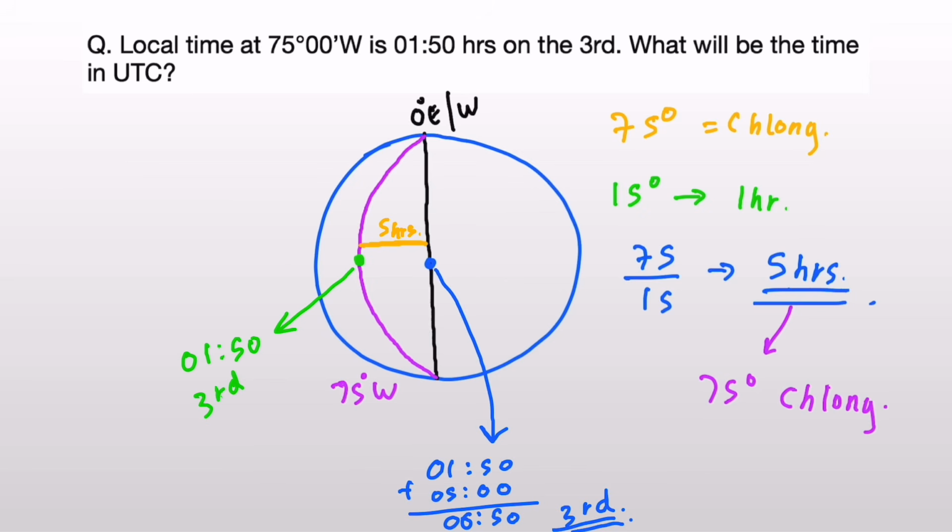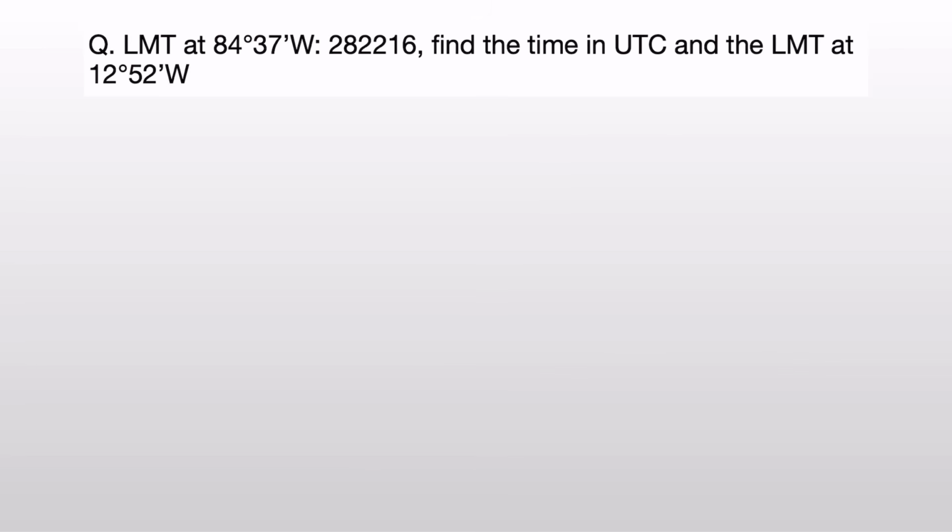That's it, pretty easy. Let's look at another question, and now I'll tell you how to solve such questions by a more systematic approach. In this question, we're given the LMT at 84 degrees 37 minutes west longitude, which is this 282216, and we need to find the time in UTC and the time in LMT at this longitude, which is 12 degrees 52 minutes west.